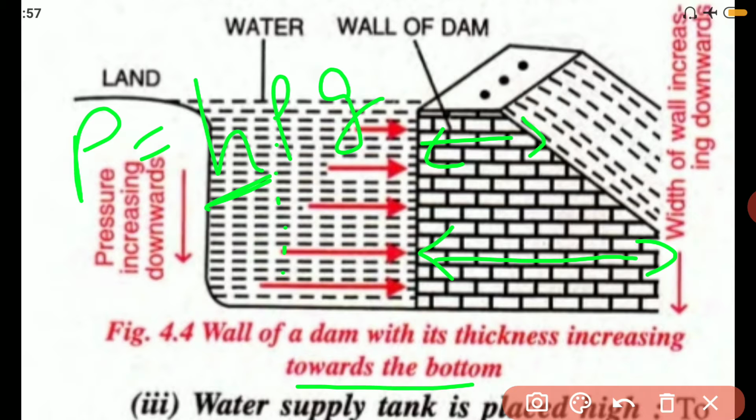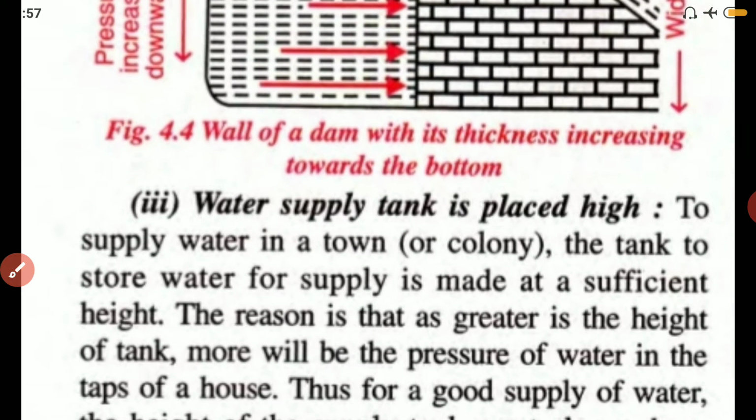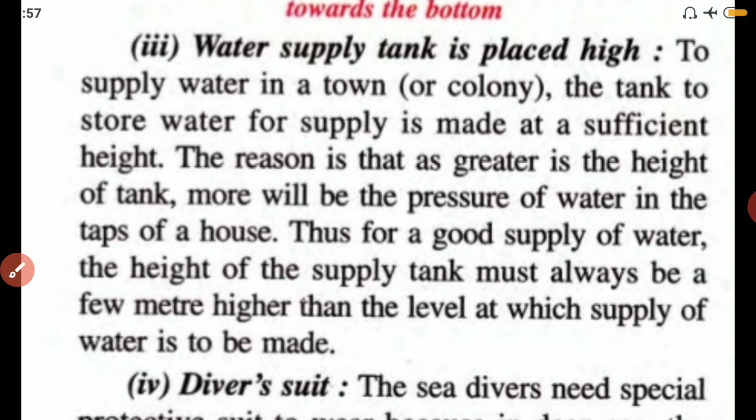Let us go to the third consequence. The water supply tank is placed high. In your house also, the water supply tank should be placed high, probably on the terrace, or probably a place is made such that the tank could be raised.